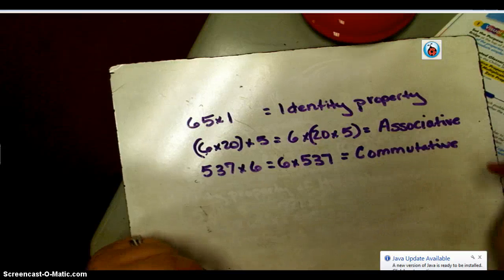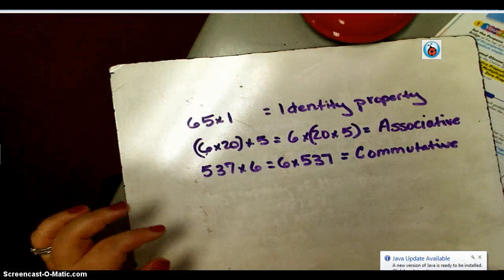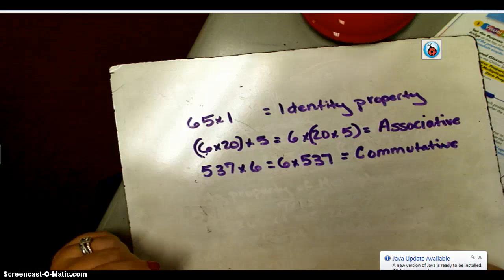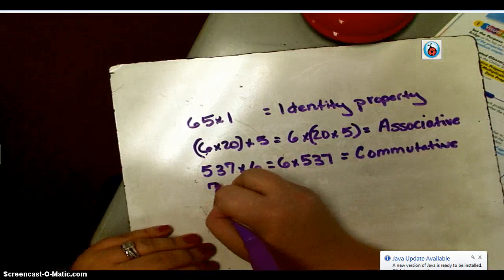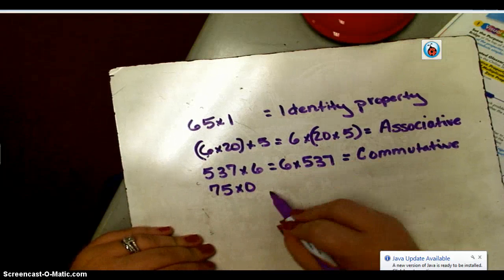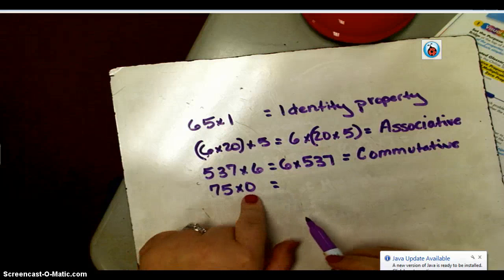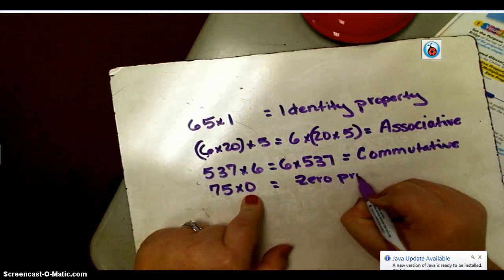And again, if you need just a minute to think about these before I write the answer over here, go ahead and pause that video so it gives you a chance to think about it. And if I have a problem like this, we automatically know, since there is a 0 here, it is the 0 property of multiplication.